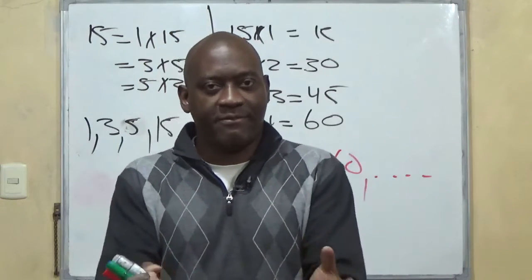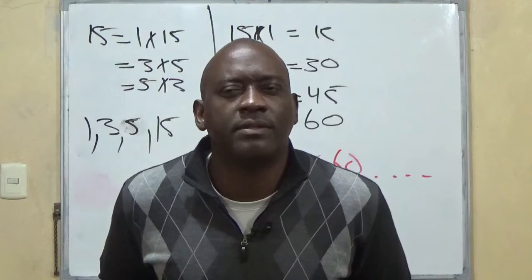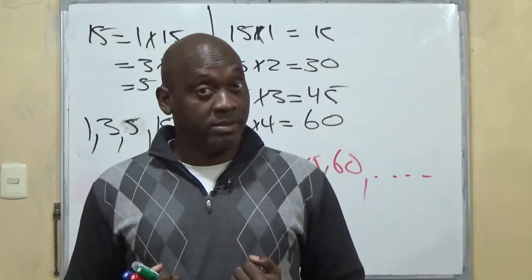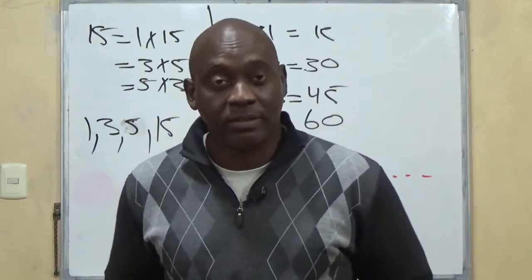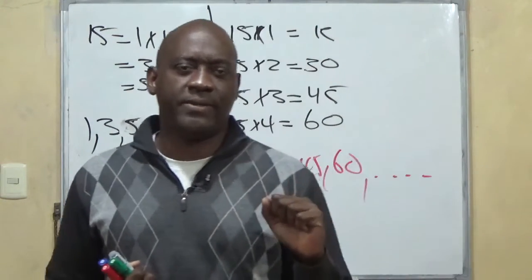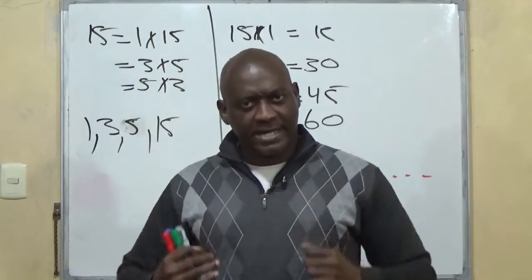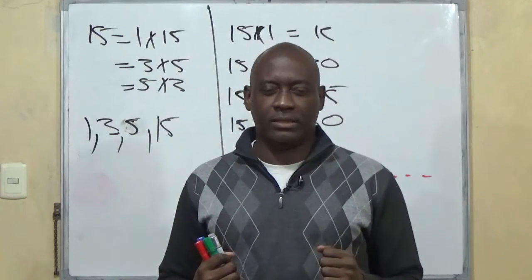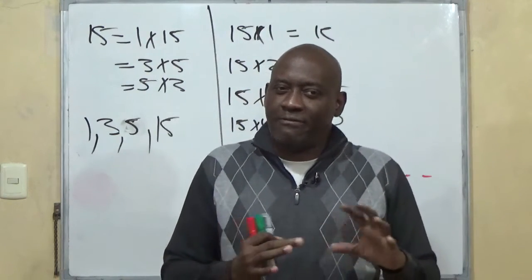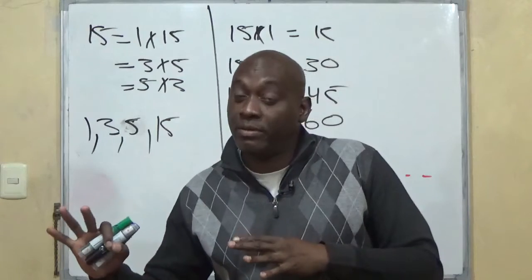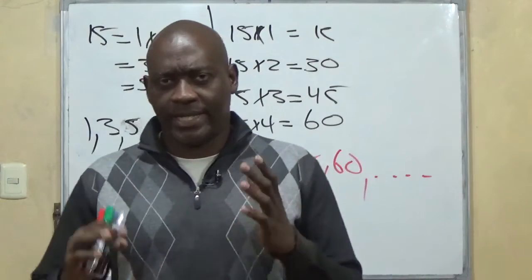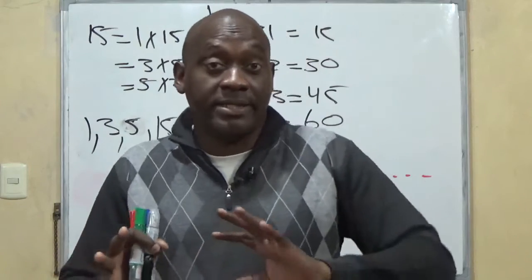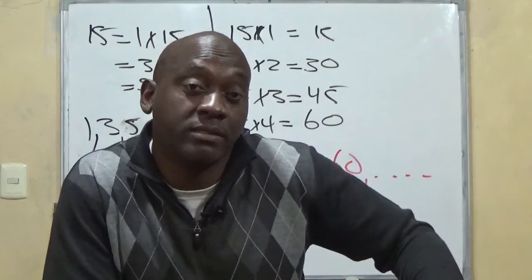If they ask for a factor, then you have to do something else. We haven't used the word yet, but I will throw it in now at the end of this video. To get a factor, you have to divide. So a factor is the opposite of multiple. To get a multiple, you multiply. To get a factor, you divide.